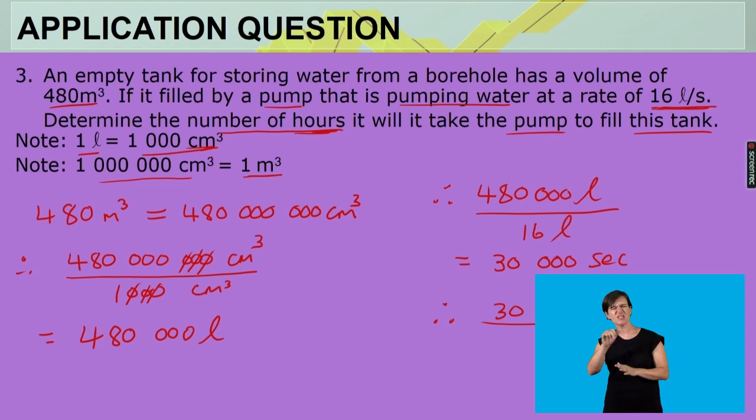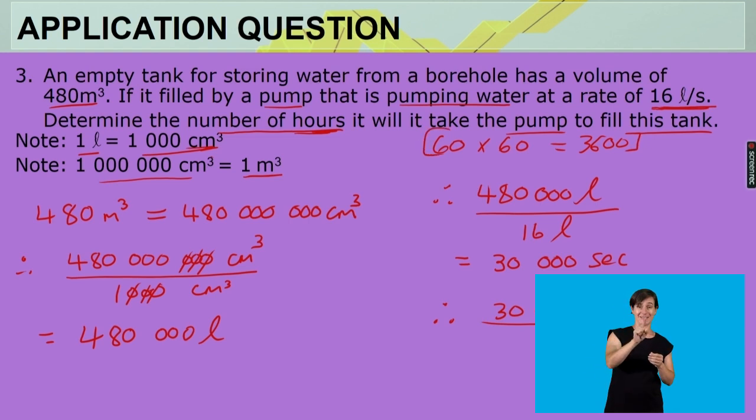How did I get to that? I'll quickly write it here. Remember, from seconds to minutes and then minutes to hours. 6 times 6 is 36, and I'll add the 2 zeros. That will take me to hours. Are we fine with that? So therefore, if I take that 3,600 seconds, I typed in 30,000 divided by 3,600.